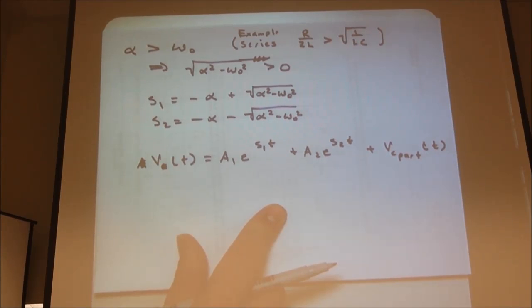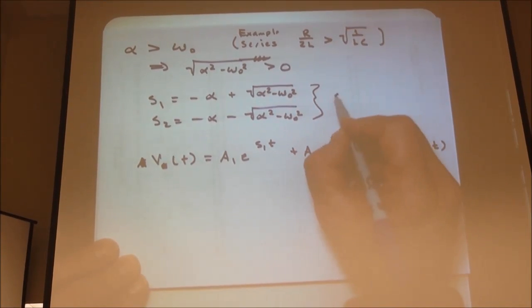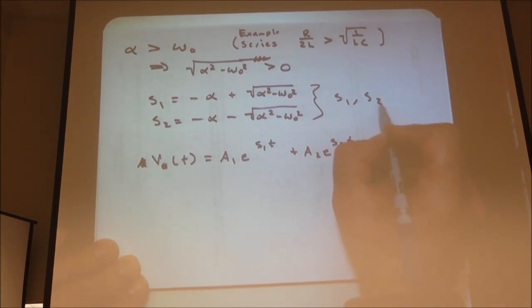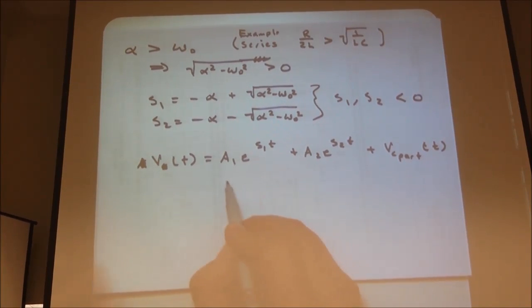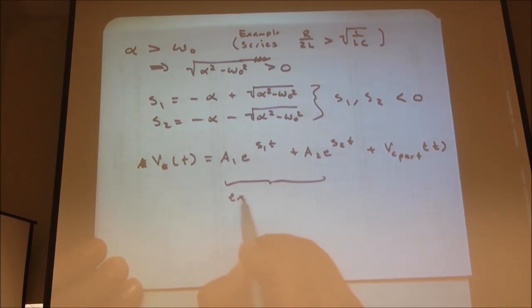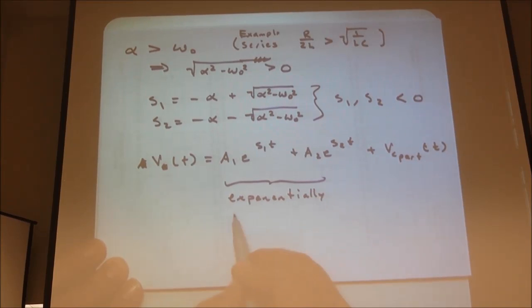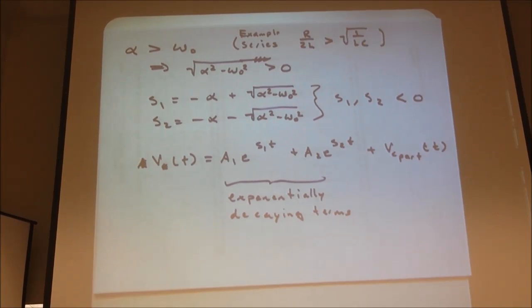They're exponentially declining terms. So we have to plug in numbers, of course, to find out what S1 and S2 are. But S1, S2, less than 0. And so these are exponentially decaying terms. And again, these are the transients.